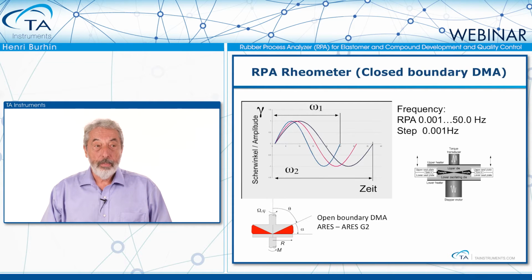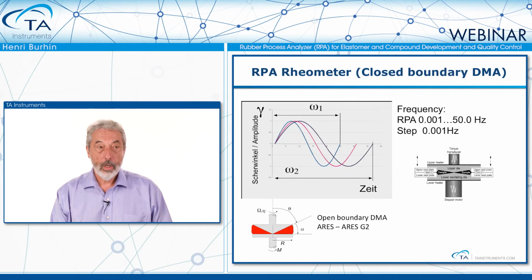In the bottom graph, we see the open boundary DMA, which is the RSG2 geometry, compared to the RPA. The RPA keeps the sample under pressure, which is essential for the vulcanization property of the compound to avoid generation of bubbles or porosity in the compound.